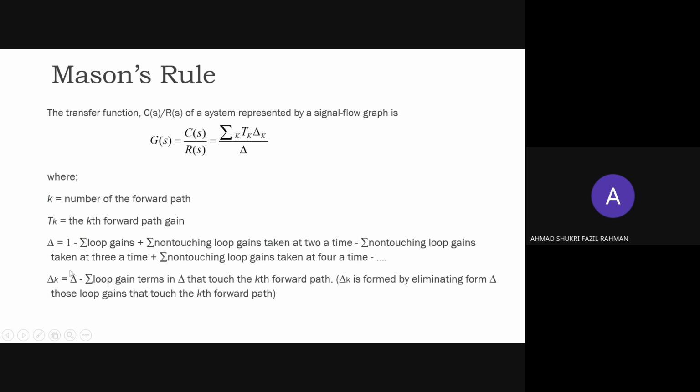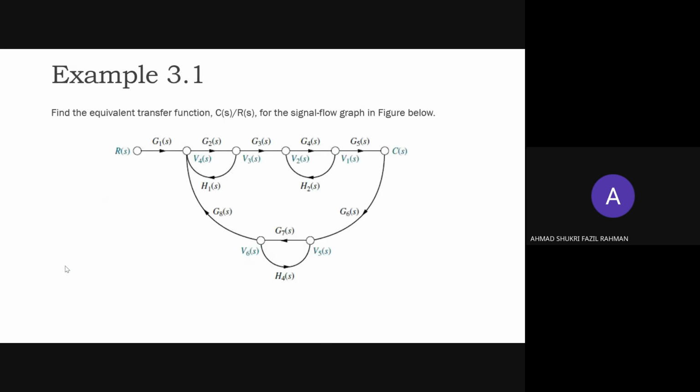So we should find three at a time. After we have completed finding the two non-touching loops, we proceed to find three non-touching loops. After that, we move on to finding four non-touching loops, then five, six, seven, and so on. You need to do this provided that the loops exist.